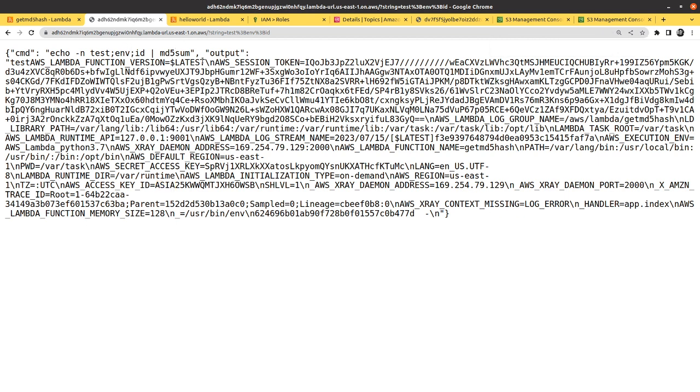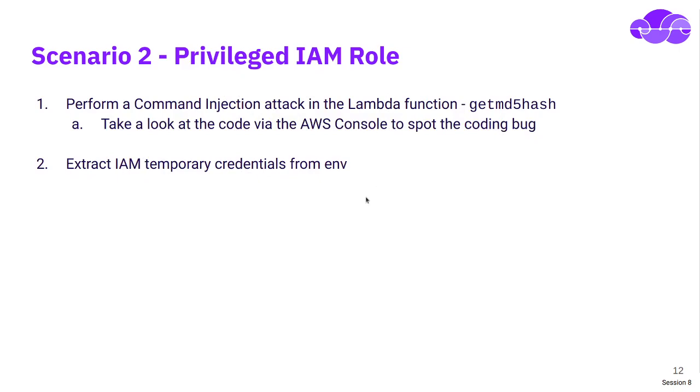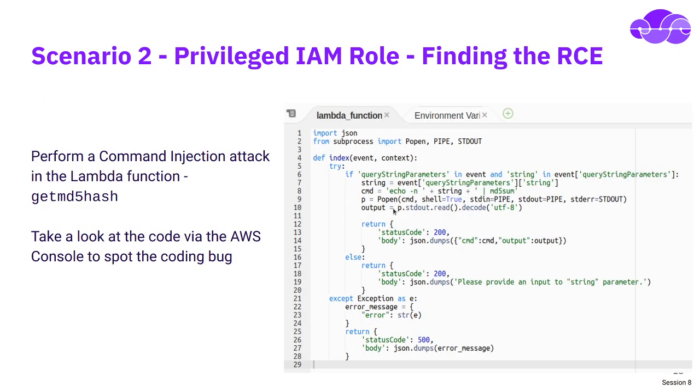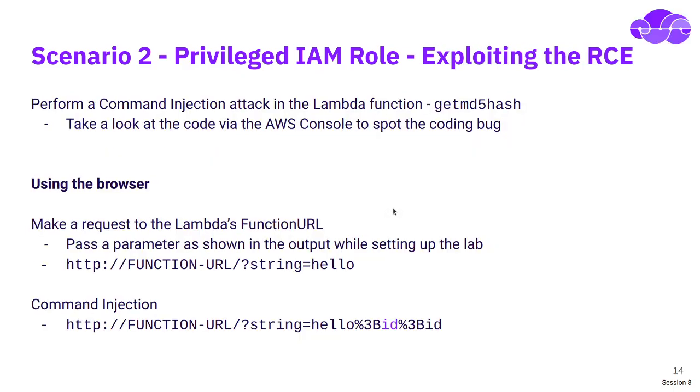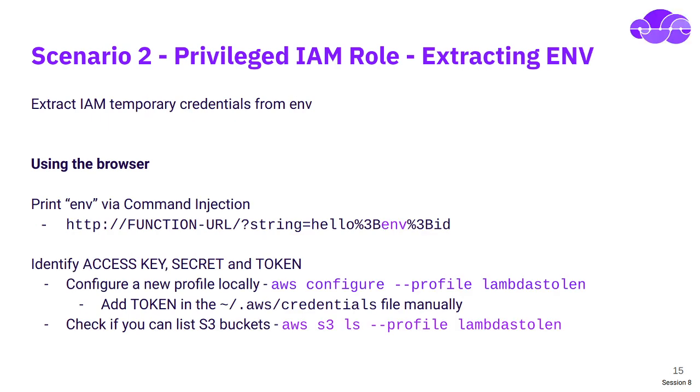Go ahead and generate this for your environment. And like any other credential that we've worked with in the past, what do we do when we find new credentials? We configure a new profile, right? You can configure a new profile and work with this.